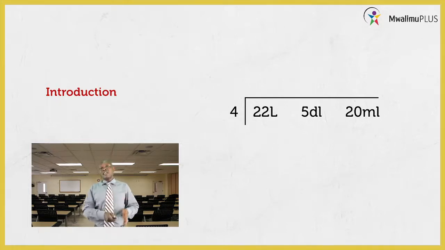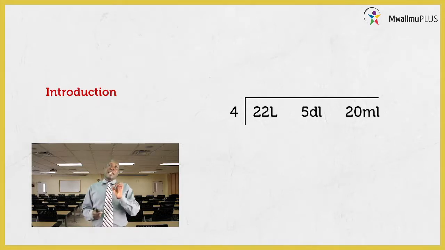We are going to start dividing from the left hand side toward the right hand side, following the sign of division. So we divide liters first of all and get the answer. Then the remainder we convert into deciliters. Then we divide again, and if we get a remainder again, we convert that remainder into milliliters. Then we finish our division in that pattern.